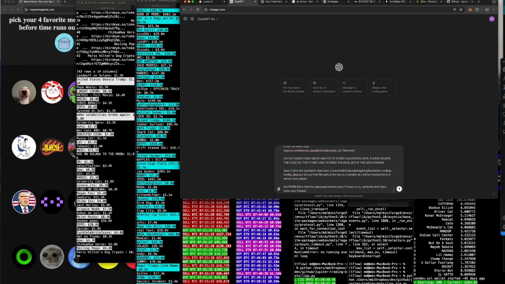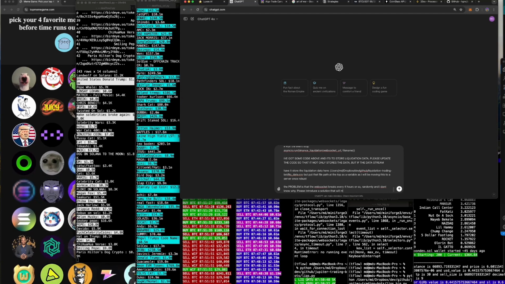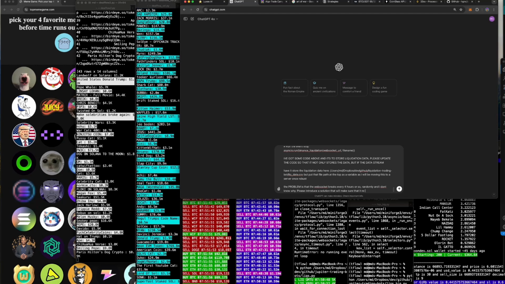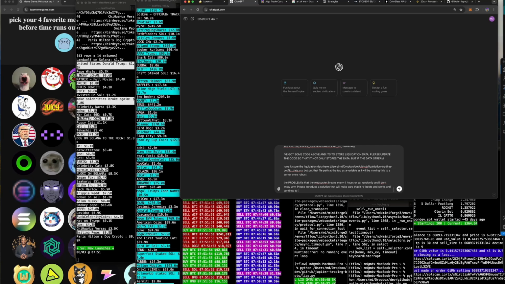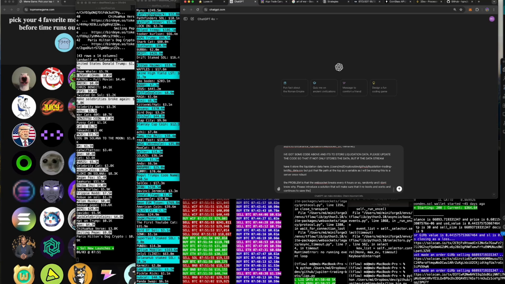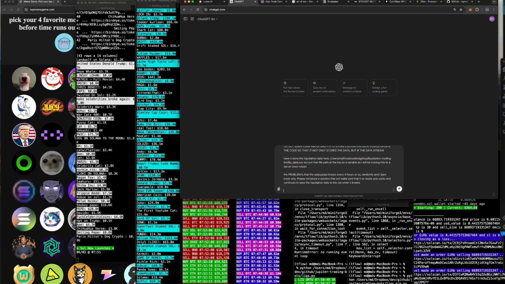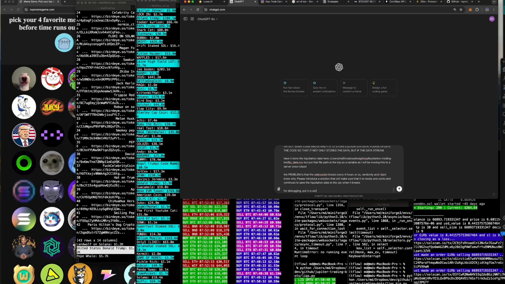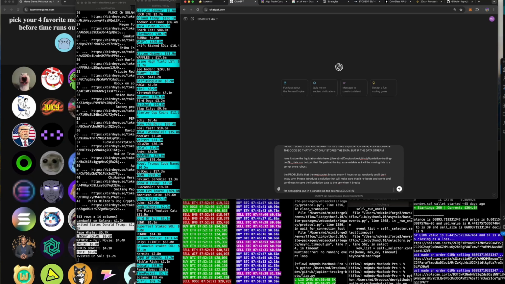Please introduce a solution that will make sure that it reboots and works and continues to save the liquidation data to the CSV when it breaks. For debugging, put in a variable up top saying debug equals true.